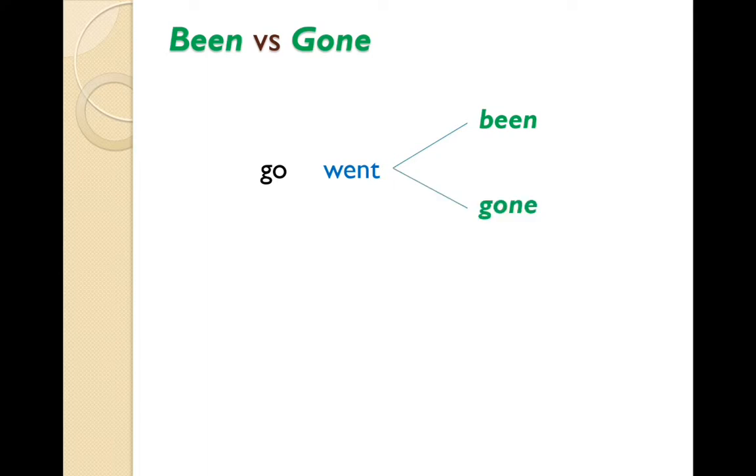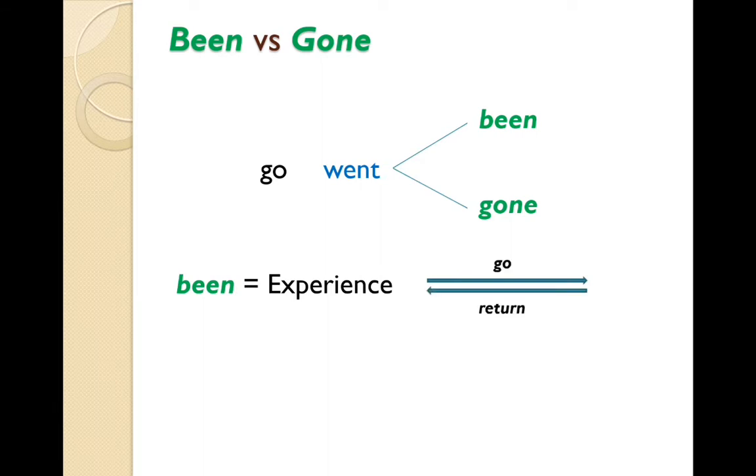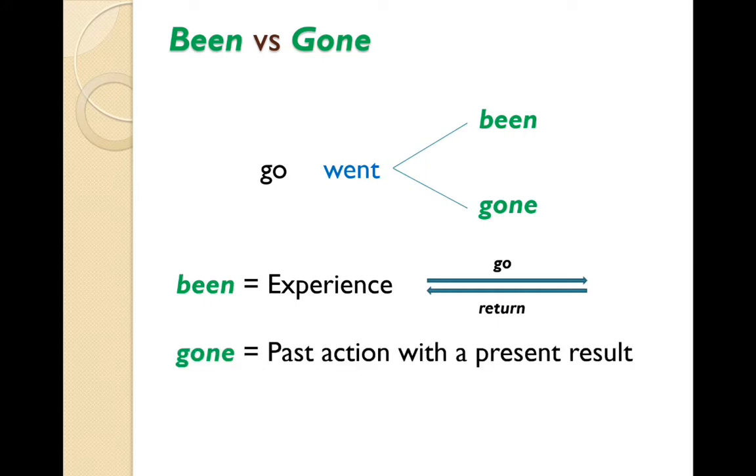So what's the difference? Been is used for experiences. So you go and you return. Gone is used for a past action with a present result. So you go, but you don't return. Let's see some examples.